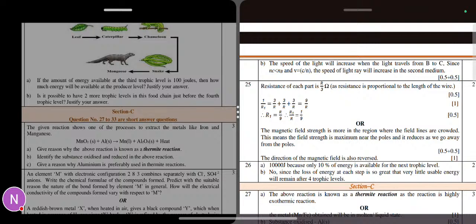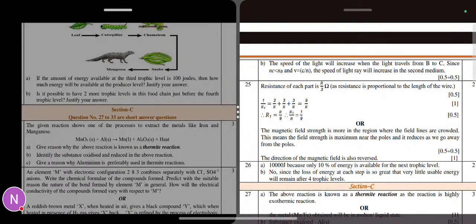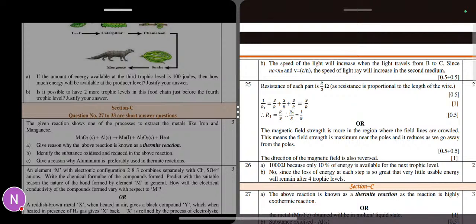Section C, question number 27 to 33, short answer questions, 3 marks for each question. 27th question they have asked: the given reaction shows one of the processes to extract metals like iron and manganese. MnO2 plus Al gives Mn plus Al2O3 plus heat. Okay, this is the chemical reaction.